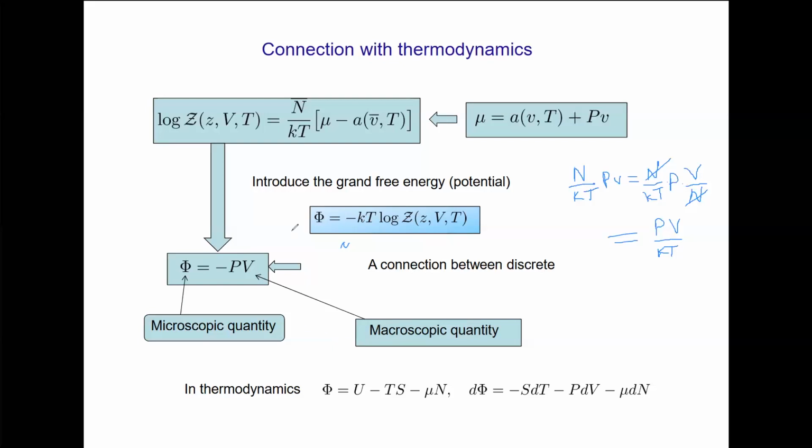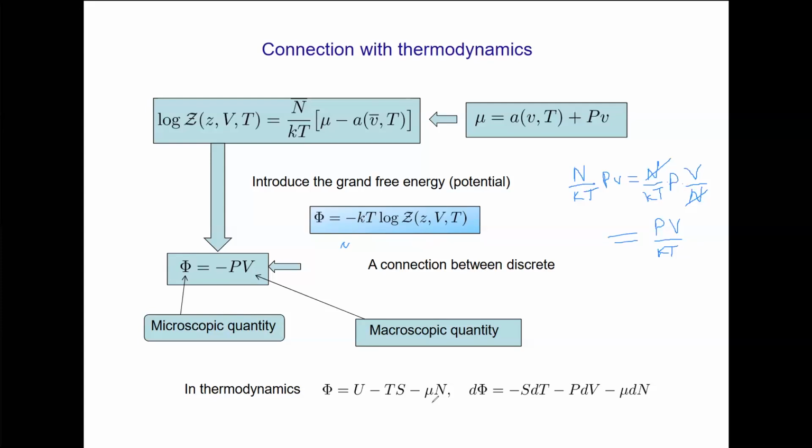PV is a macroscopic quantity, but this Phi we define in terms of the grand canonical partition function, which is a microscopic quantity. So we found a relation for the grand canonical ensemble between microscopic and macroscopic descriptions.